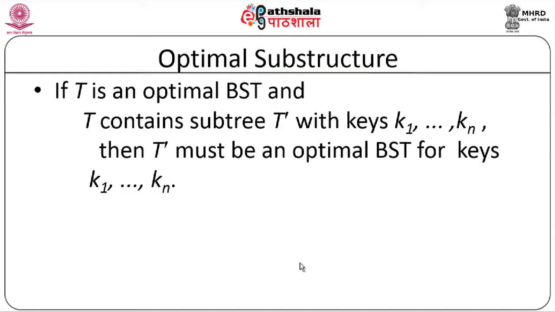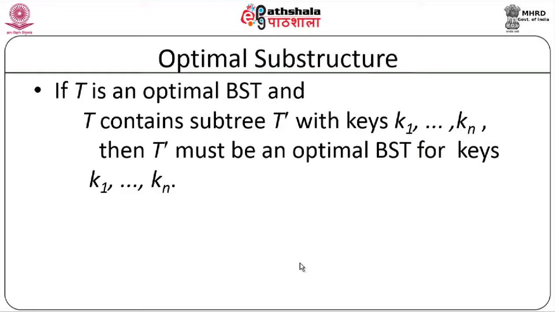What is the optimal substructure? Probably you can recollect we were talking about this as part of the principle of optimality, which tells us that the optimal solution for a problem contains the optimal solutions for all the subproblems contained within this particular optimal problem.